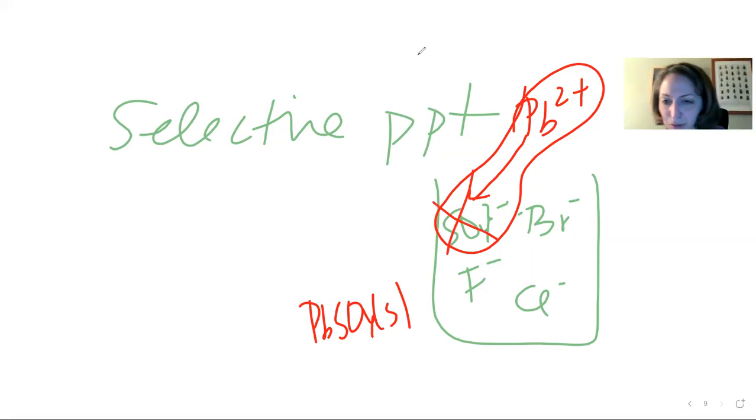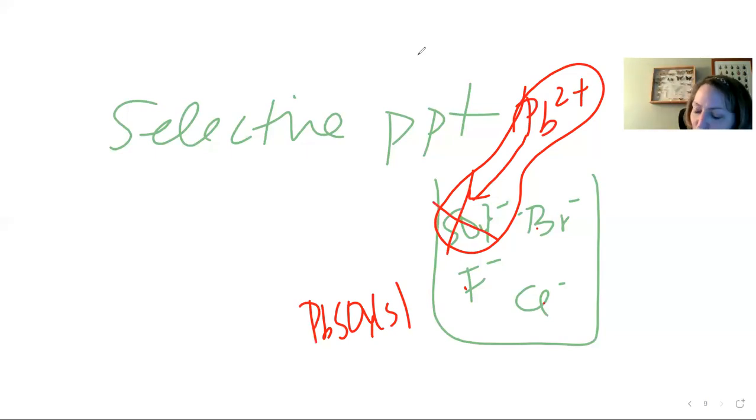So you've effectively separated the mixture. Then you could keep adding lead, and these would all precipitate out in turn, depending on their KSP value and how the math worked out. So that's what selective precipitation is. It's just precipitating out, thoughtfully, one precipitate at a time.